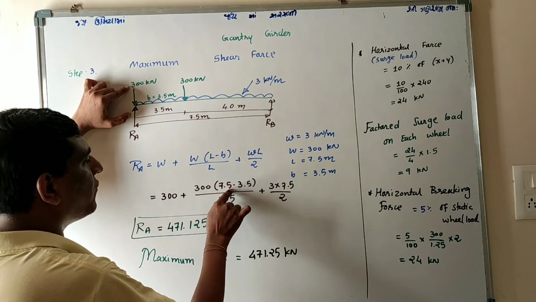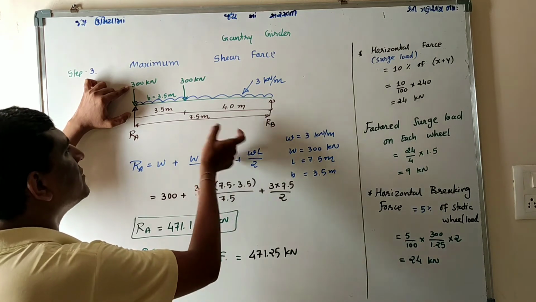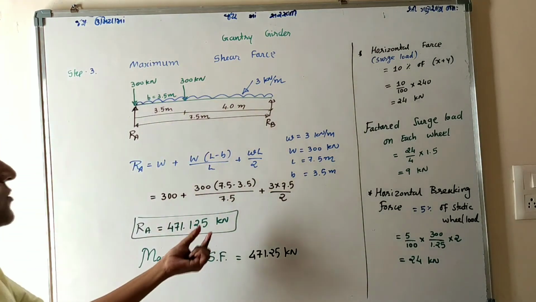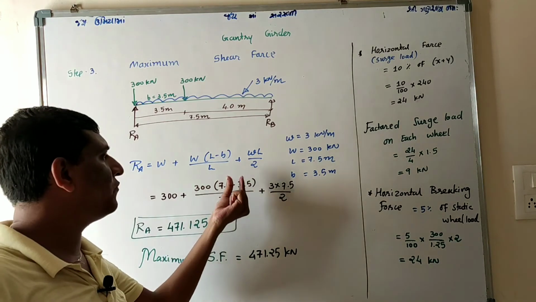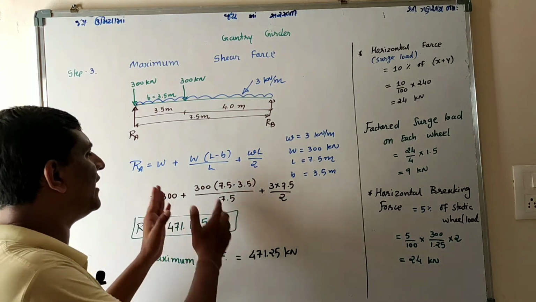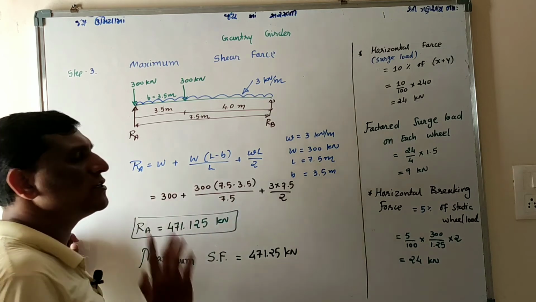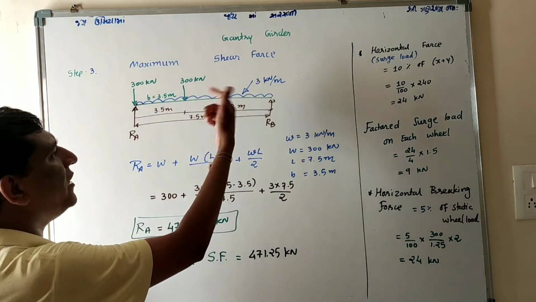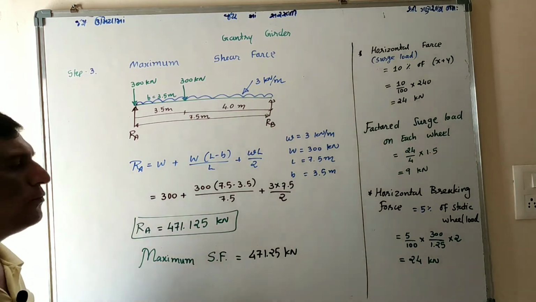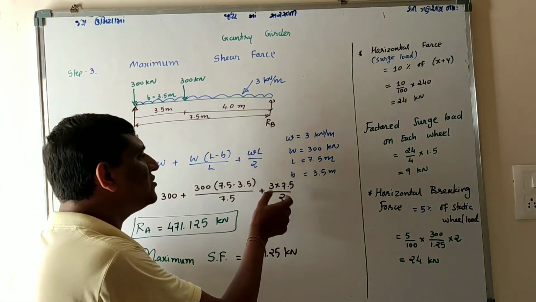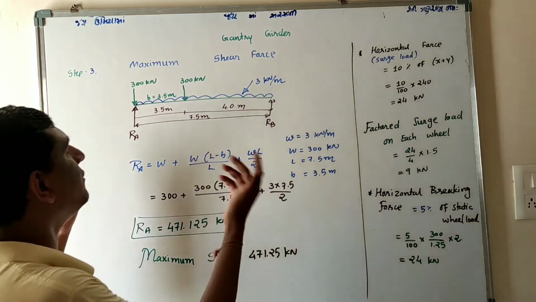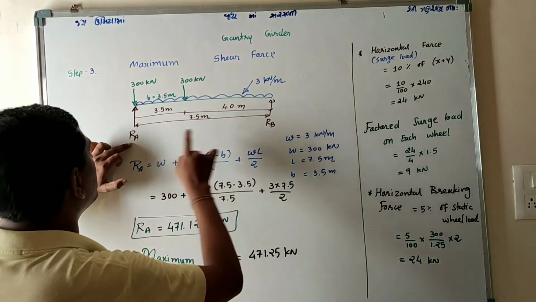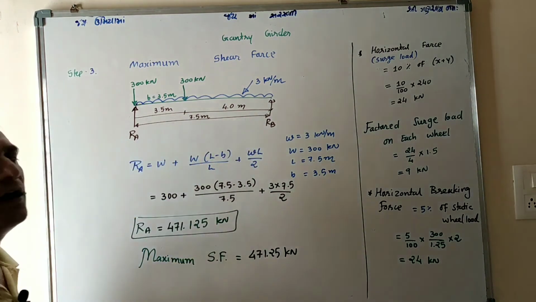That is 7.5, that is your L minus your base width. So 7.5 minus 3.5, or you can directly say 300 into 4 divided by 7.5. This is your base and this is the remaining part of the span of the beam. And this is the UDL. UDL is divided into two parts, that is reaction RA and reaction RB.